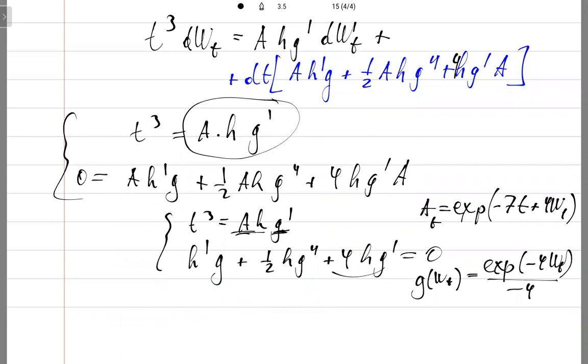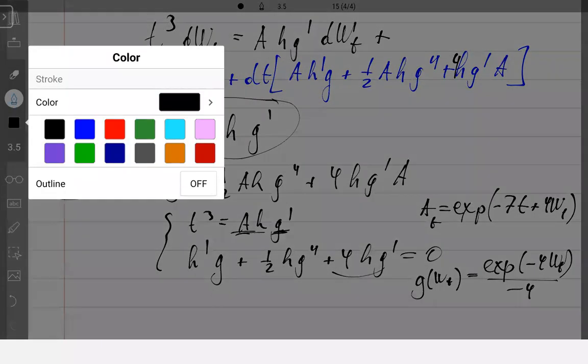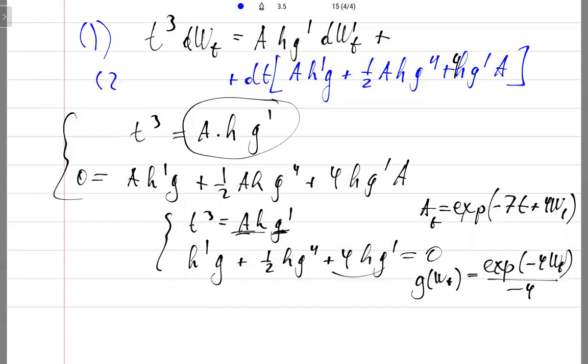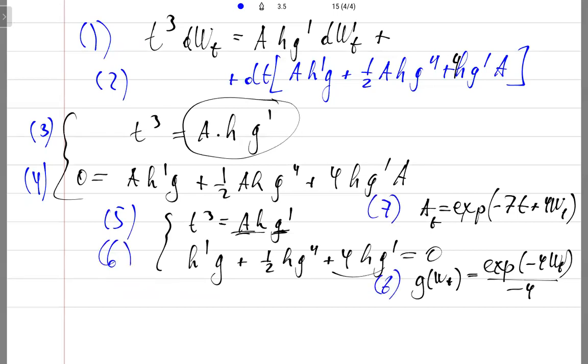No, I can see it very quick. How do you see a contradiction quickly? I thought that BT, let me number, 1, 2, 3, 4, 5, 6, 7, 8. Well, we have thought that BT is HT multiplied by GWT.